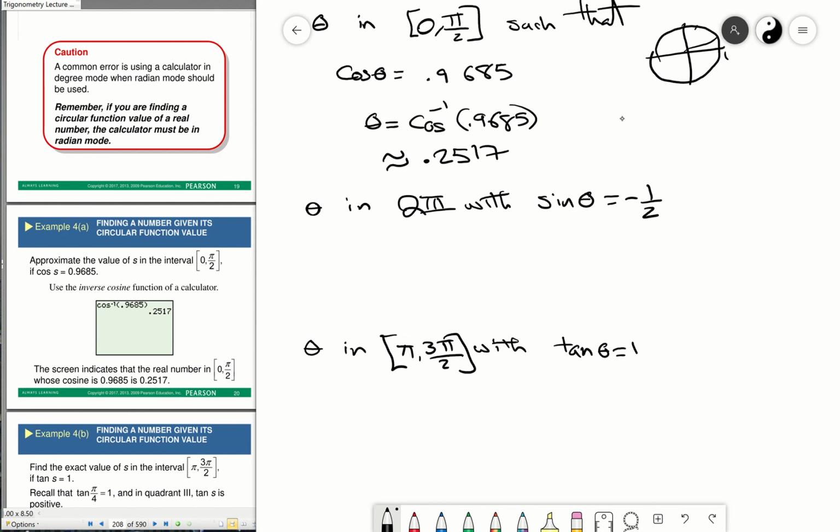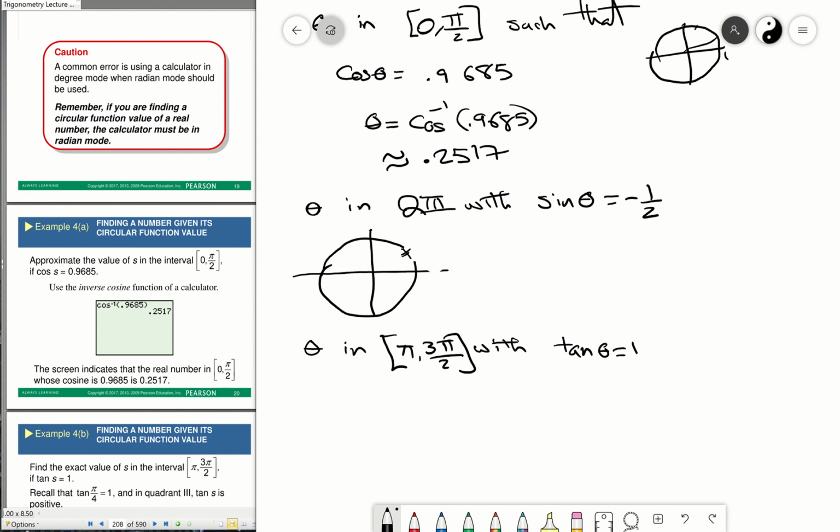Now, if you recall the original unit circle that we did, we had 1/2 in this location for the y value. So basically the angle was pi over 3 and pi over 6.